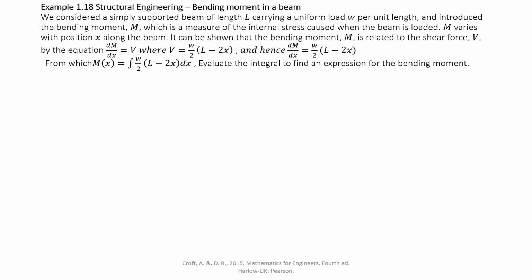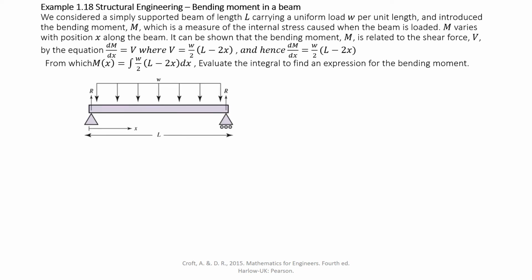There is a big example from structural engineering, the bending moment in a beam. I've taken this from the book. So the weight is putting pressure or load on the beam downward, and definitely after some time it will start bending the beam.